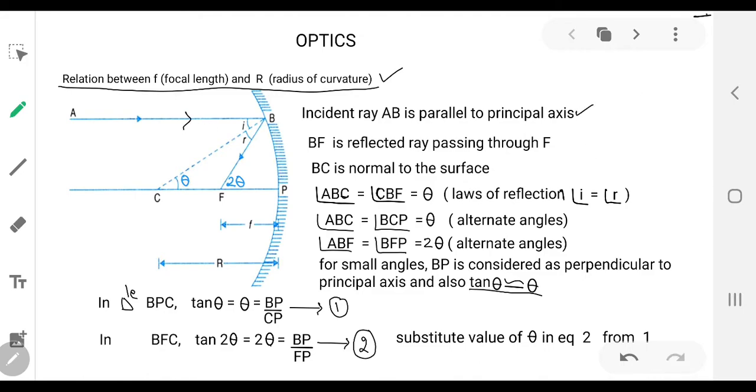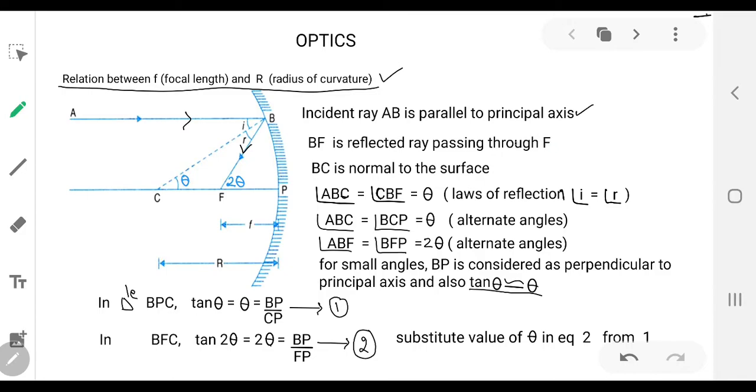Now according to the definition of principal focus, when the parallel ray is incident on the concave mirror or convex mirror, after reflection it passes through the principal focus. So AB is the incident ray. After reflection, BF is the reflected ray which passes through the principal focus.